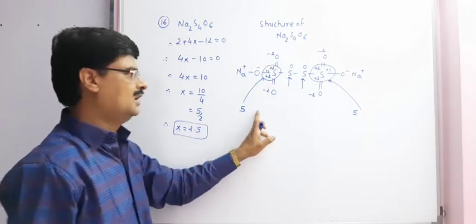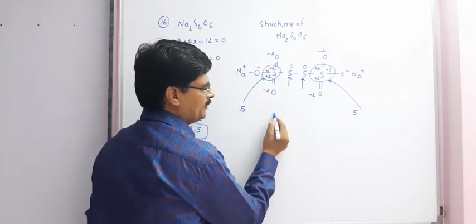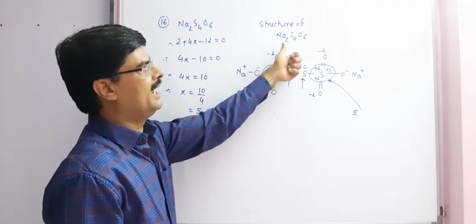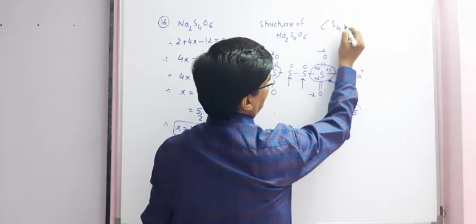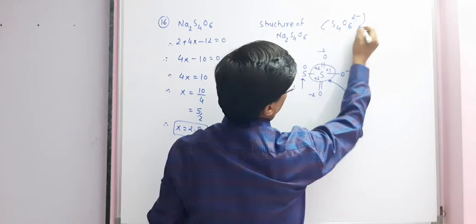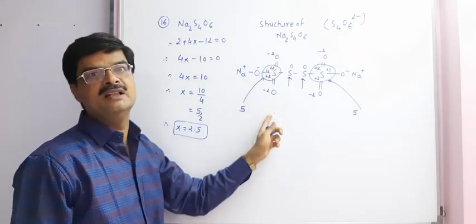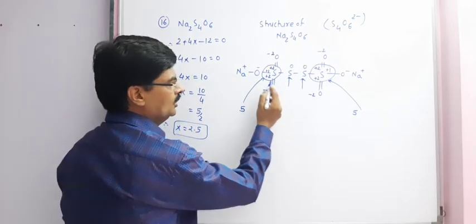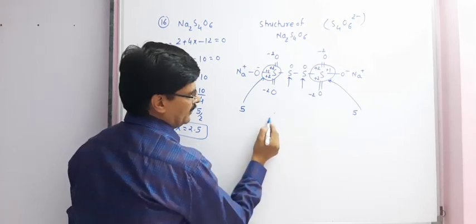So remember how to write the answer for the oxidation state of sulfur in Na2S4O6, or you can also say S4O6 2- ion, tetrathionate ion. The answer will be the same. Correct? So for this sulfur 0, 0, and for this sulfur 5, 5.